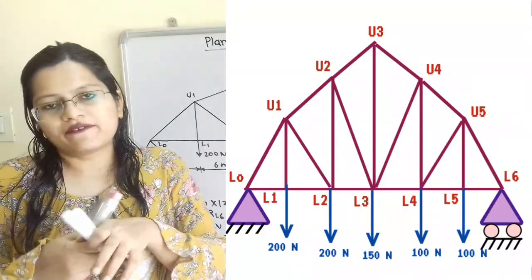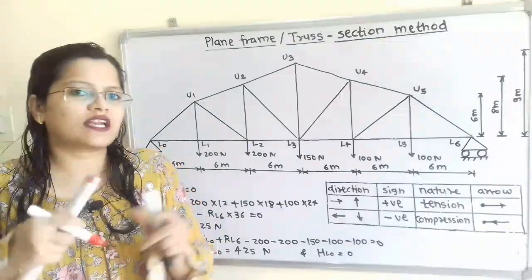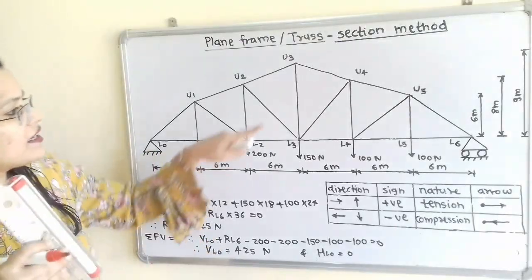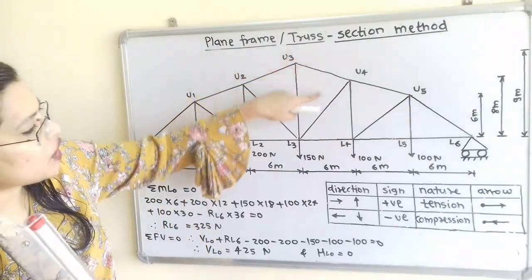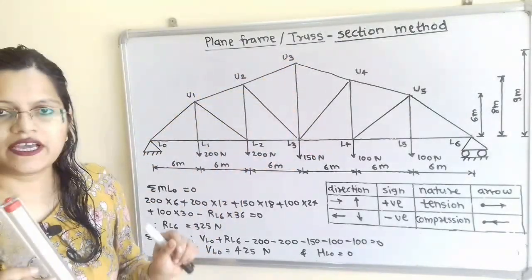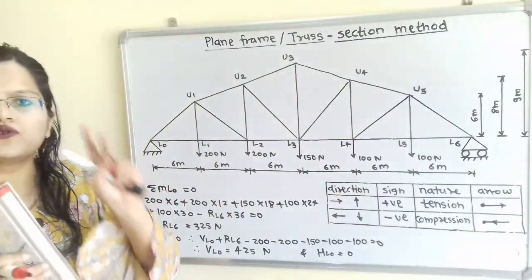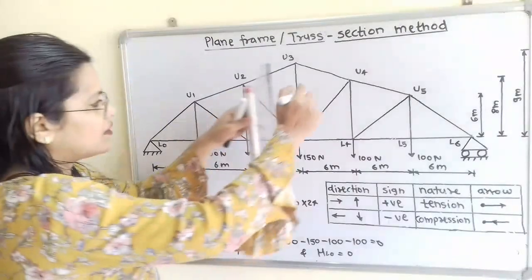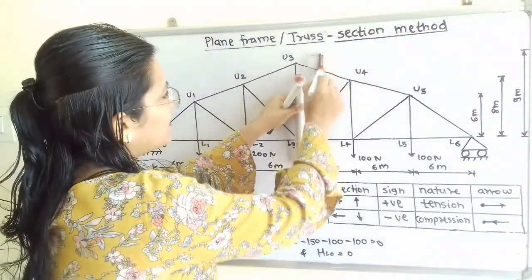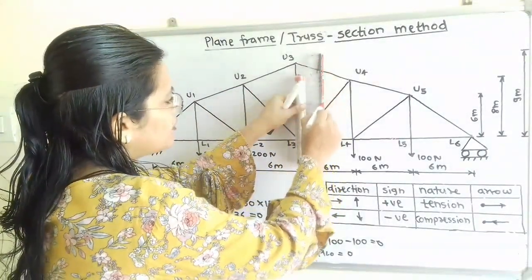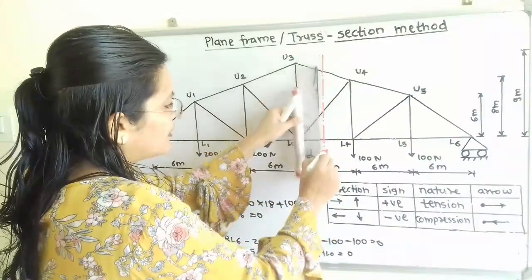So, I will draw the section line in such a way that it will cut all these three members and separate the entire truss into two parts. I will draw one vertical line, and this will be known as section 1-1.